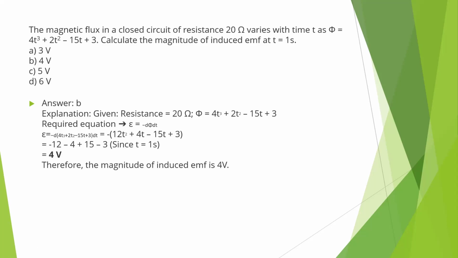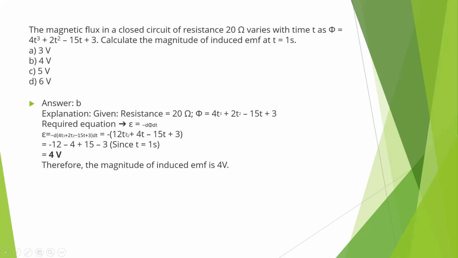First, we write down the quantities given in the question. The first value is resistance, that is 20 ohm, and the magnetic flux varies with time as this function: phi is equal to 4t cube plus 2t square minus 15t plus 3.